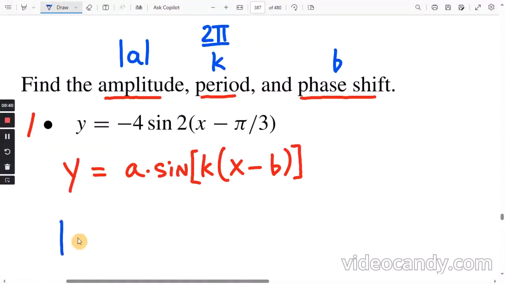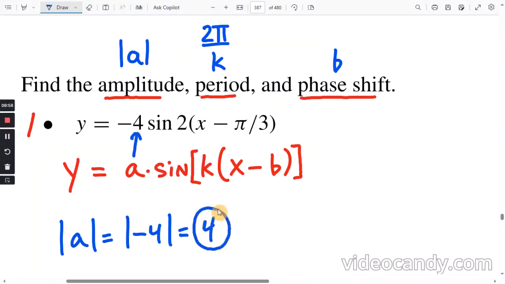The absolute value of A. We can see that A is -4. So the absolute value of A is going to be the absolute value of -4, which is just 4. So that's our amplitude.